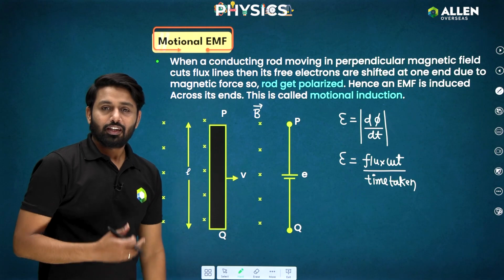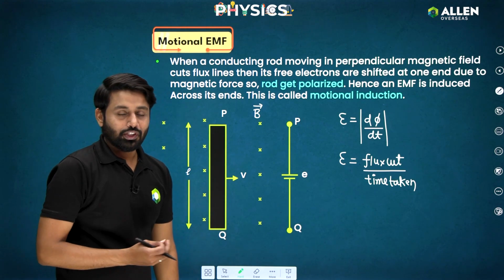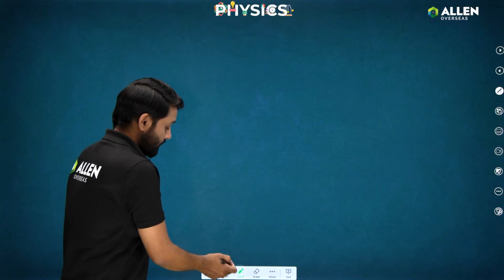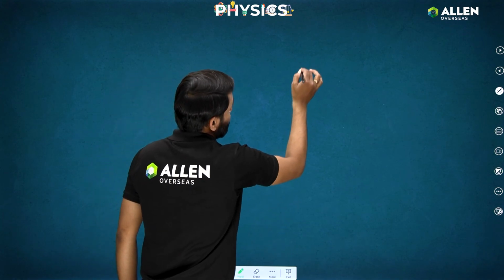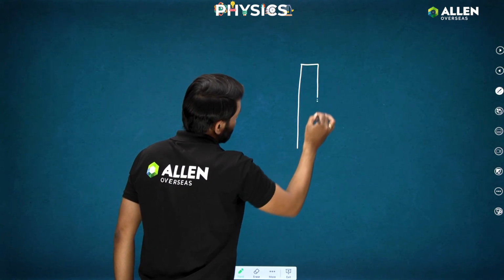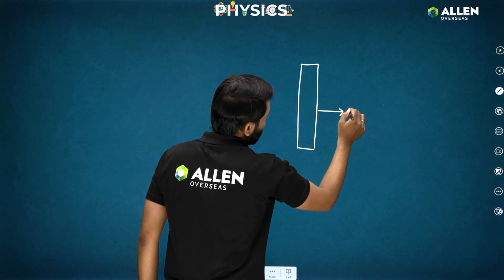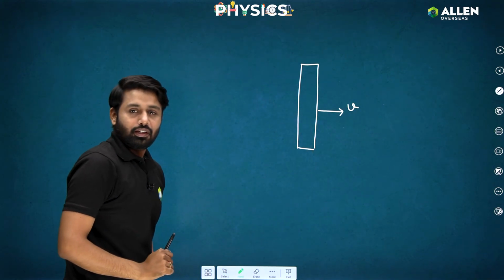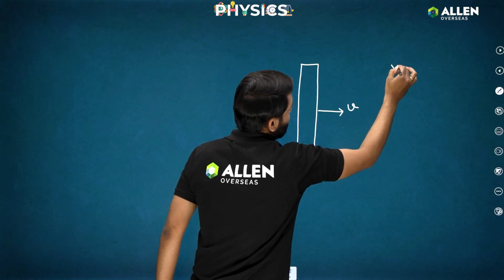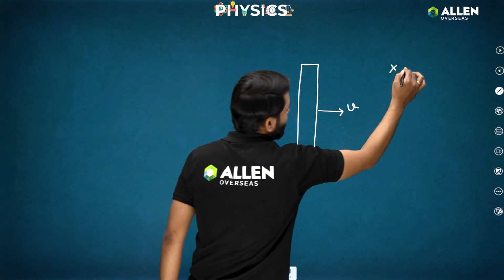So let's understand the formula related to induced EMF. Just see here, let's suppose this is a rod, and this rod is moving with velocity v, and this is the magnetic field which is inward.